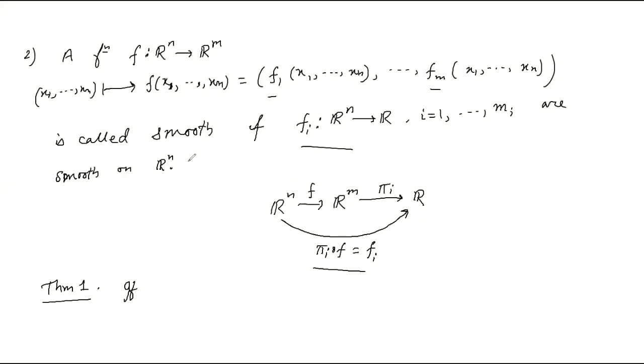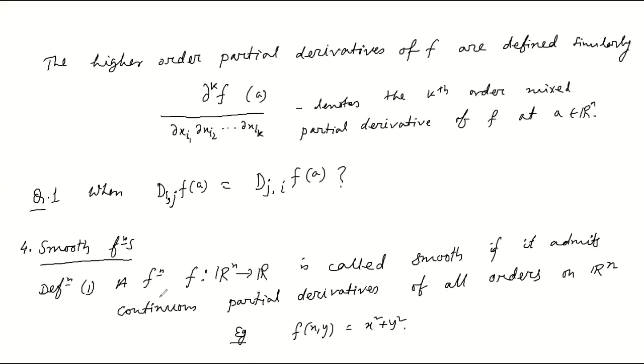I have not talked about, in the previous definition, that a function f from Rn into R is called smooth if it admits continuous partial derivatives of all orders.